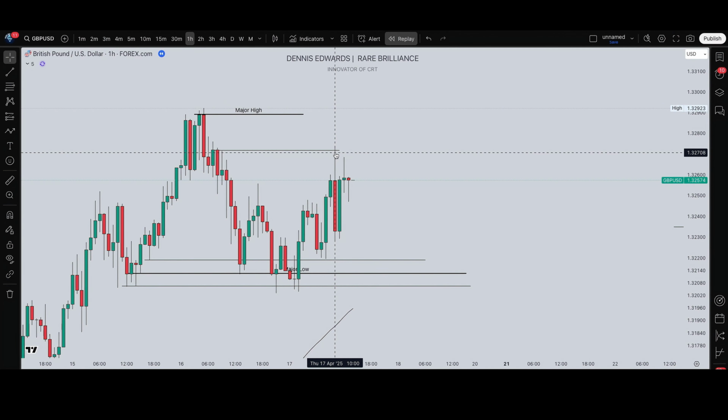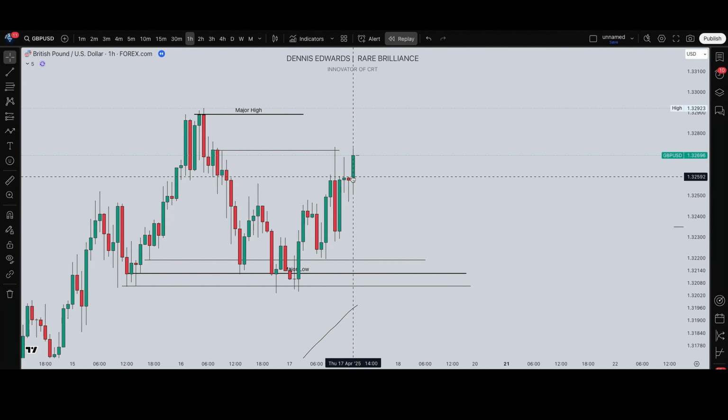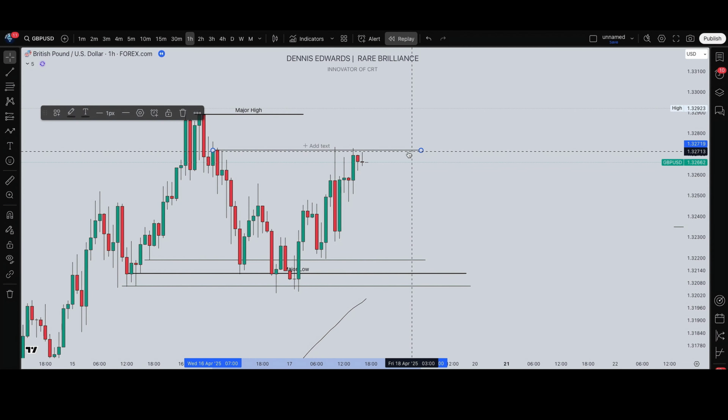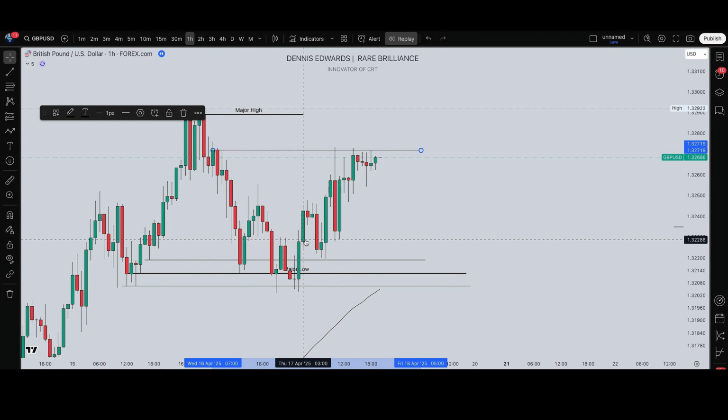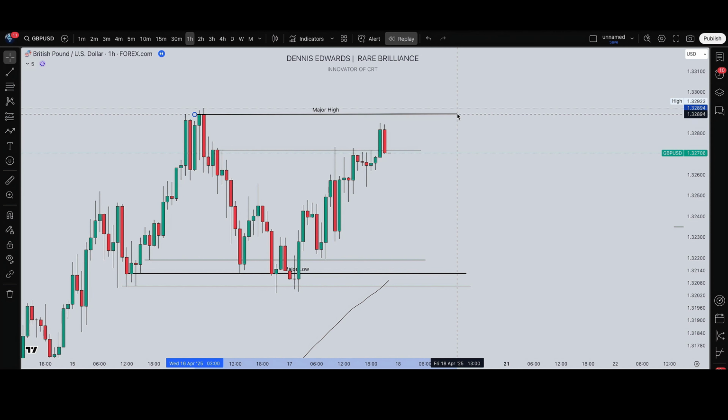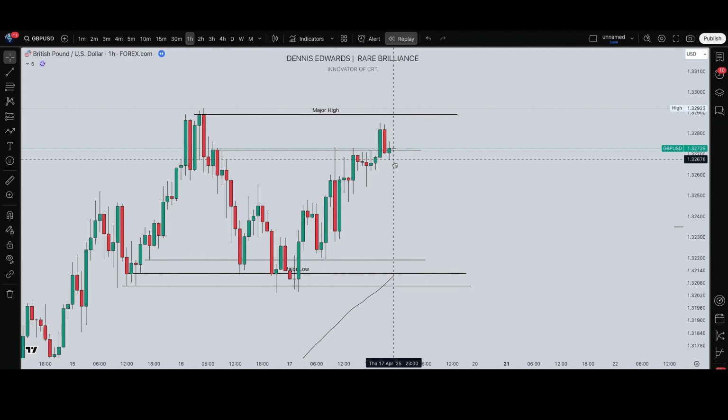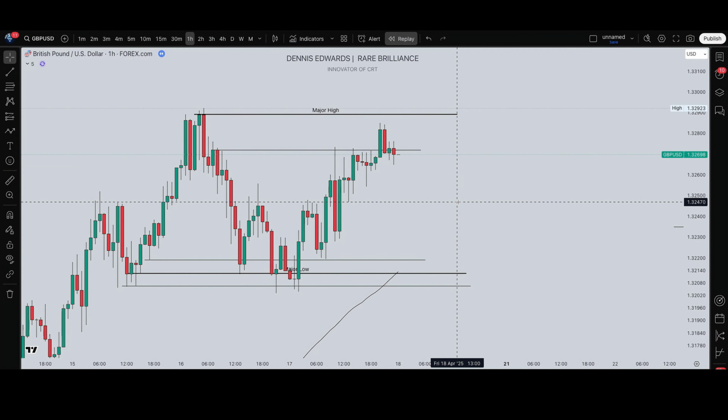Hit our first area of internal liquidity and rejected. Now it's continuing back up. Now it's going to continue up because now it has to close within this area, above this area. There we go. Now let me stretch out our high. Our major high should be broken from this point on. And just keep watching.